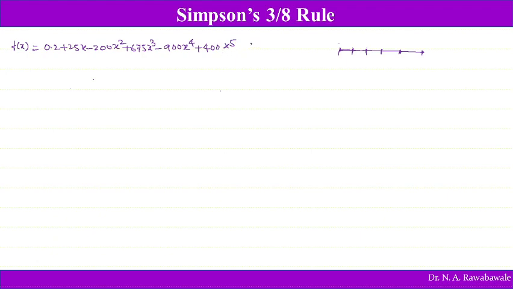So integrate this between a is equal to 0 and b is equal to 0.8 using Simpson's rule with 5 segments.